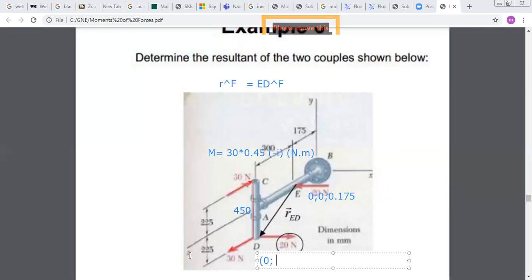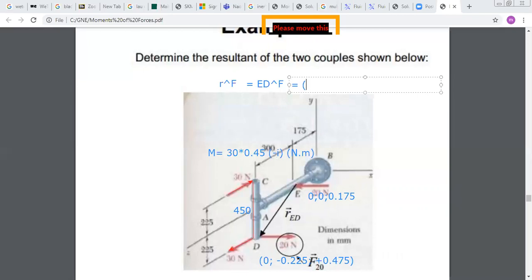It's equal to 225. So in meter, it is minus 0.225, and along Z, it's plus 0.475.